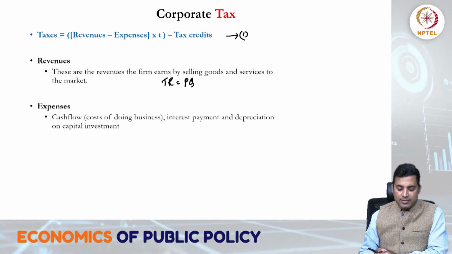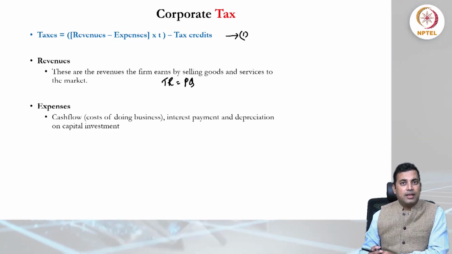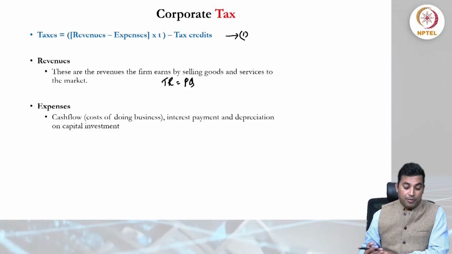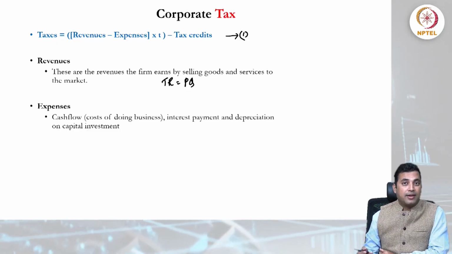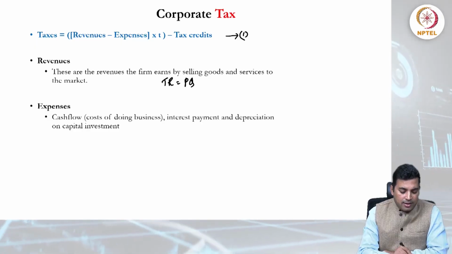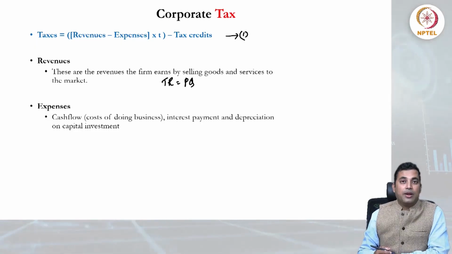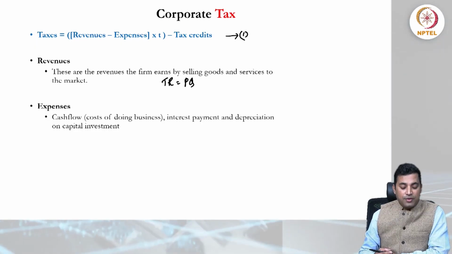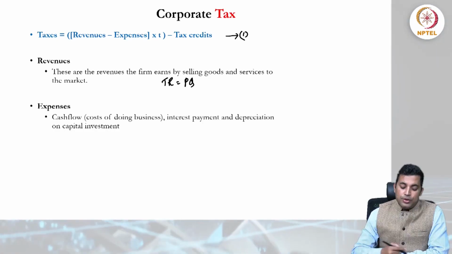So what are the expenses? As we know, expenses are actually the cost of production. There are 3 different types, and I'm just reiterating once again. First, cash flow, the cost of running the business, the cost of production for the firms. Second, interest payment.